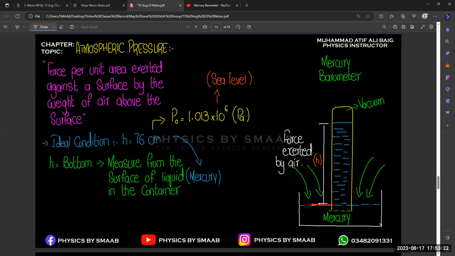So, sir, if in ideal conditions the height is 76, for a greater pressure, what would the height be? 74, 73, 80? If the pressure is very high, this height will be increased, right? Because you know that if the pressure is high, the air molecules push that liquid and your height will increase.